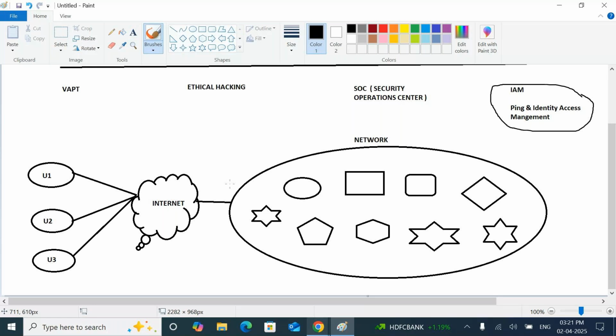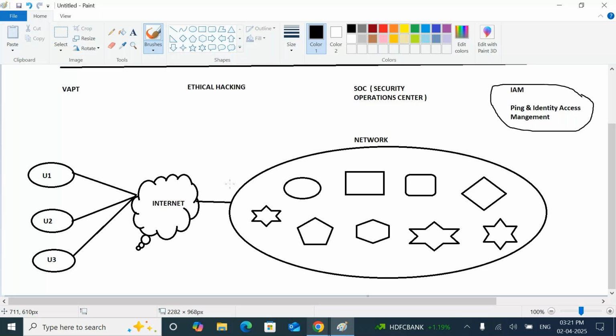Let's say, for example, some developer will write a code. The code needs to be tested now. Why do we need to test the code? Because if any syntax errors or bugs are there, we need to find them on the test. Same like that, when an organization builds a network, VAPT people, vulnerability assessment and penetration testing people, will test the network and identify the security breaches and security vulnerabilities.